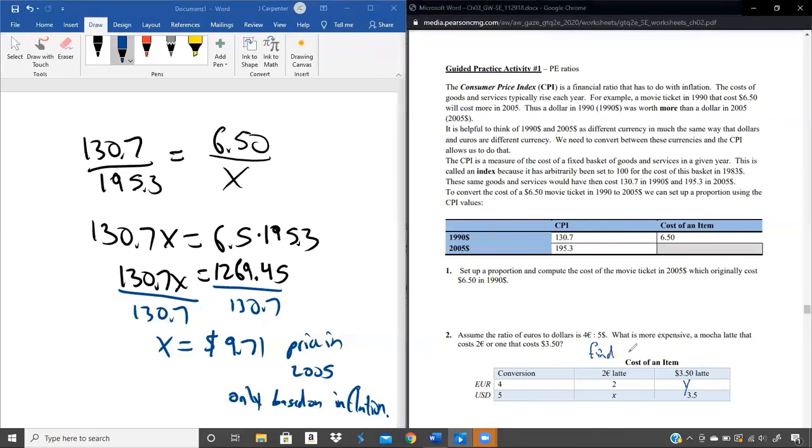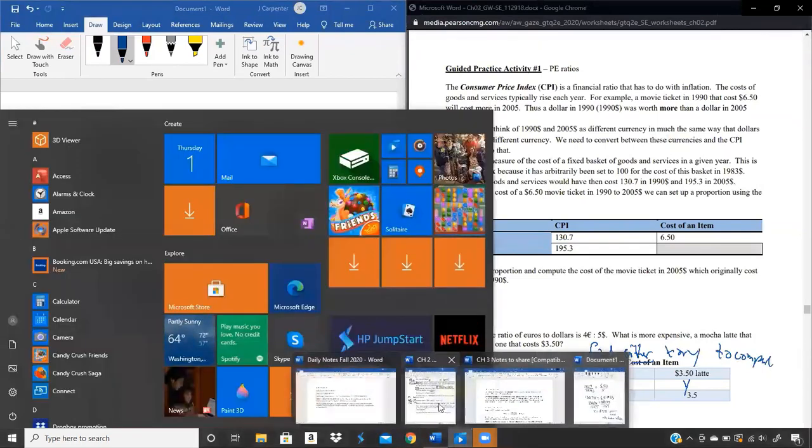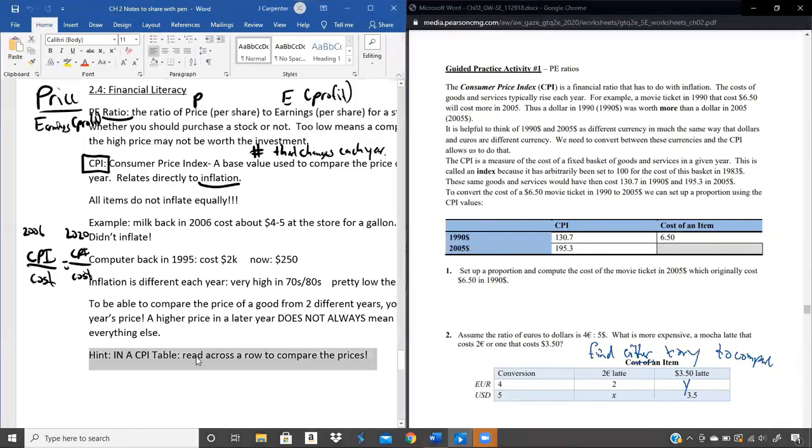You can find either X or Y to compare. That's the note I gave earlier. Let me pull it up. Where all you have to do is just read across a row. I even have it currently highlighted. In a CPI table, you just read across a row to compare the prices.